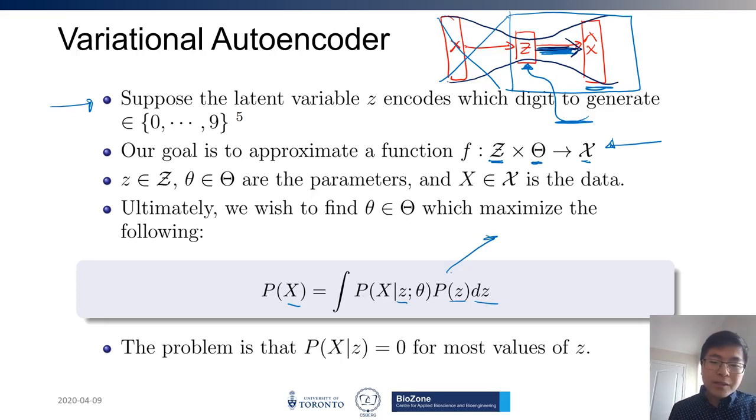The problem with this particular construction is that not only is it sort of intractable if your latent space is somewhat large, well, it doesn't have to be very large. You're taking an integral over all the possible latent codes. That's intractable, and also the first term is going to be close to zero or zero for most values of Z. Because if you think about it in the protein case, you have some latent codes and you want those codes to map to protein sequences.